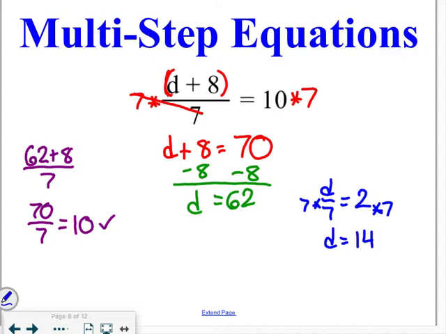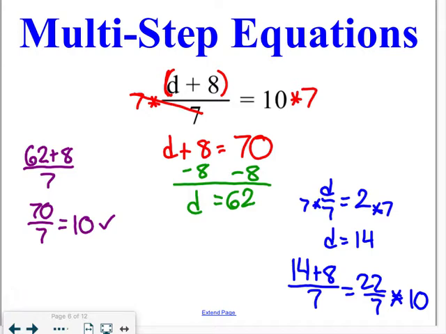When you plug that back into your equation, you get 14 plus 8 divided by 7. 22 divided by 7 does not equal 10. So that's one reason why you have to be careful that you are showing your work and doing these steps correctly, because if you do something out of order, you're going to end up with a wrong answer, which is not what we want.